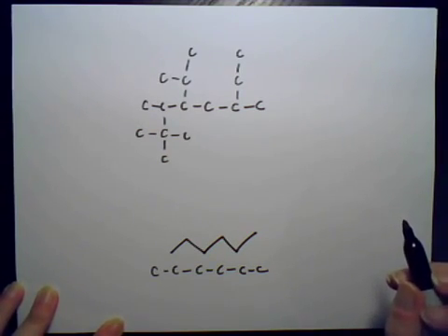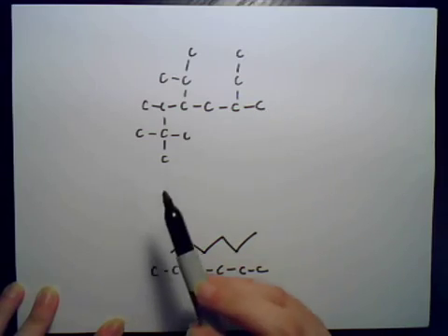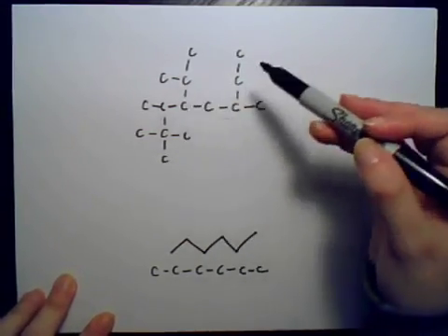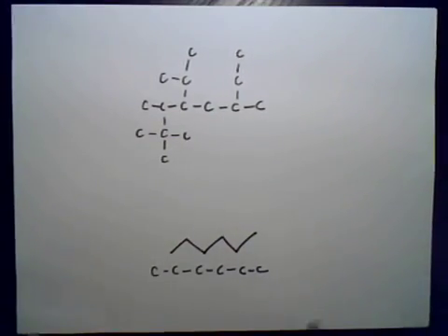Well, the first step is to find the longest carbon chain. Now, while we might think that it is hexane, straight across, 6 carbons, it actually isn't, because you can see that with all these extra things attached, if we take a different path, we actually find a basic chain with more than 6 carbons.